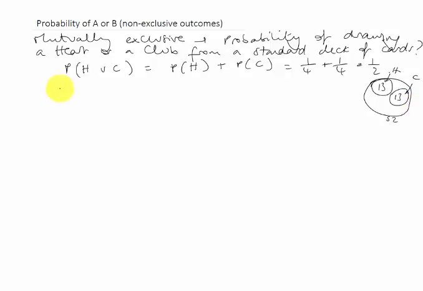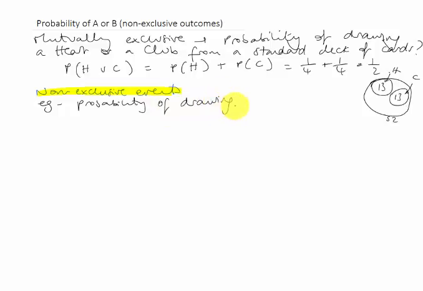Alright, but now what I'd like to deal with is non-exclusive events. So for example, the probability of drawing a queen or a heart from a standard deck of cards.